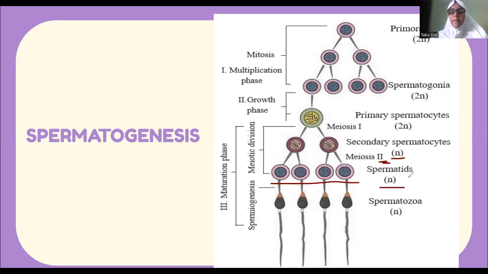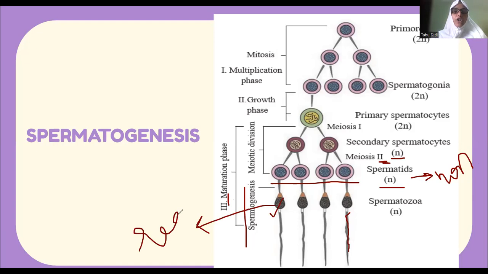Now this spermatid is up till here non-functional. Once it undergoes spermiogenesis, that is a part of the maturation phase, when it acquires this tail, then it becomes fully functional. Now it is fully functional and ready to fertilize the egg. At this stage, you can either call it spermatozoa or simply the sperm.